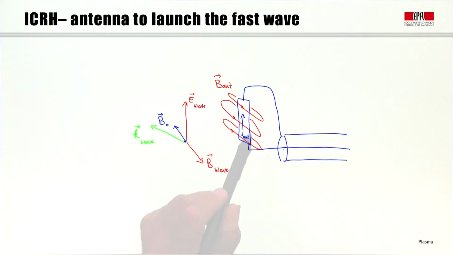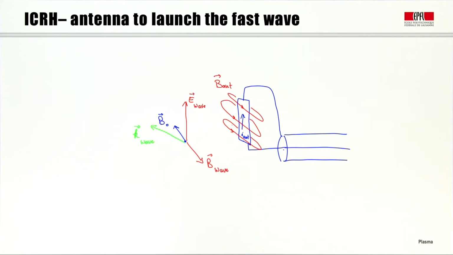Now what we want to have is a transfer of, if you like, the oscillating current energy into the wave energy. What we don't want to have is an acceleration of charged particles in the proximity of the antenna with the large electric fields that are provided by the antenna itself.